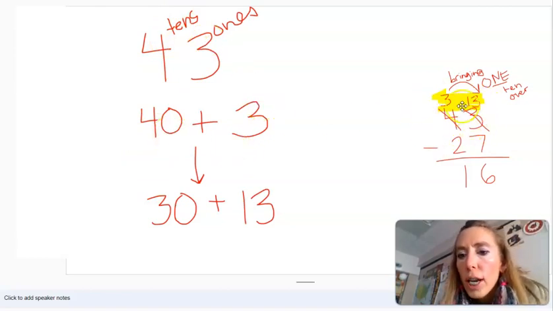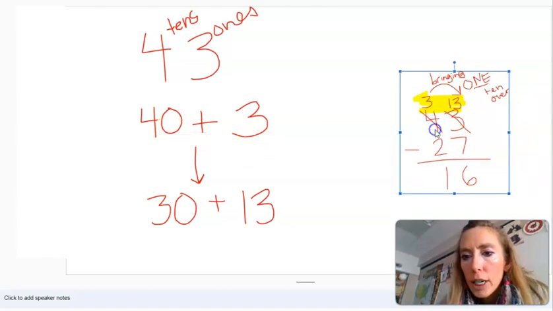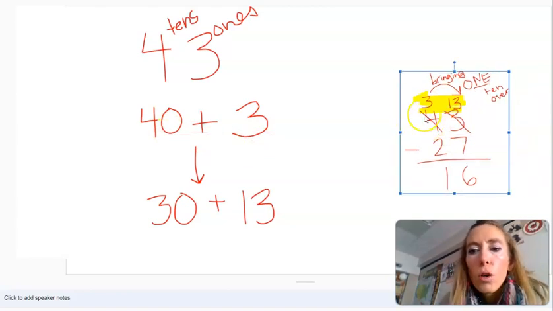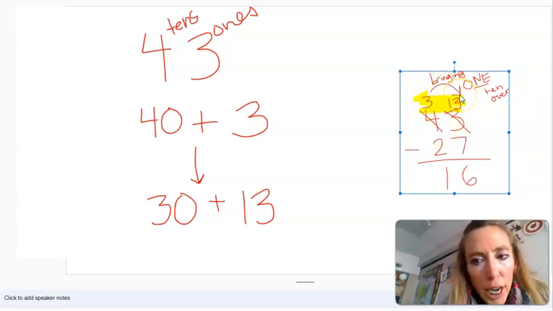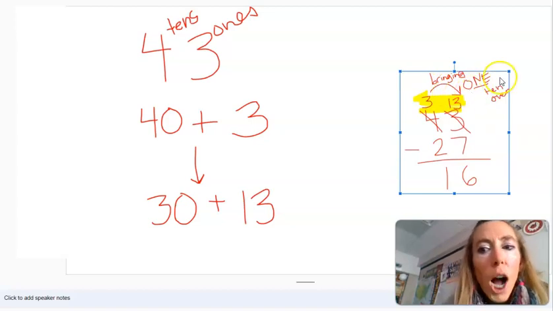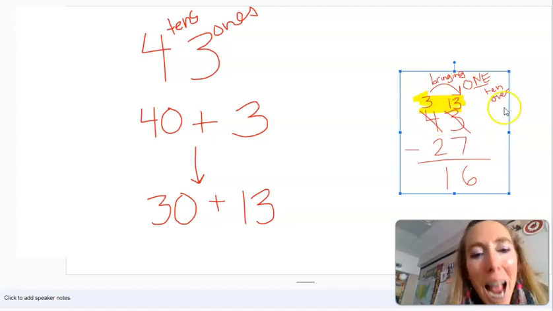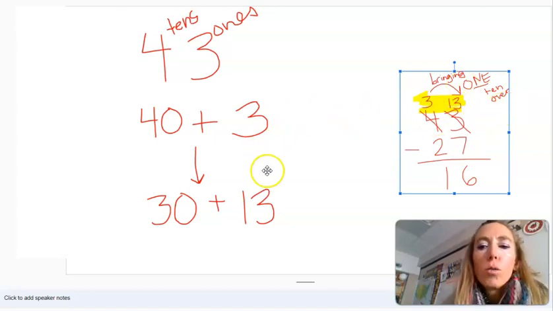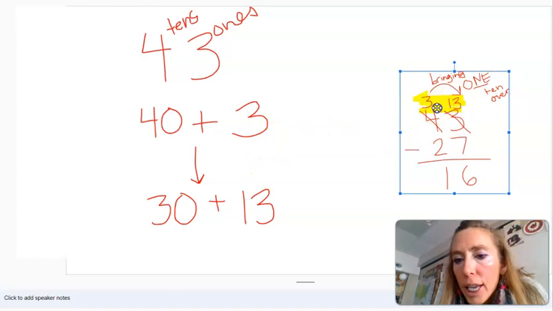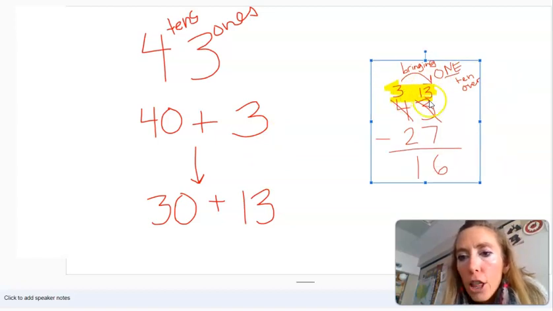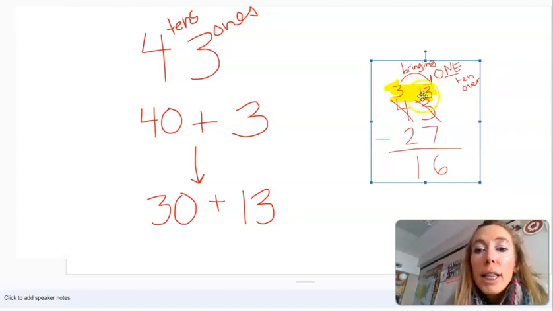When I go over and I'm in the subtraction over here, when I go to regroup, I'm bringing 1 over that I took away, but it's not just 1. That was actually a 10. That was 1 ten that I brought over. So when I brought that over here, I see a 3 and a 13. That should be the same number as 43.